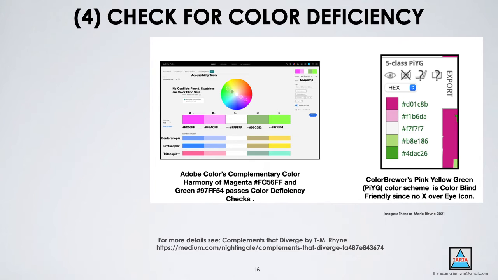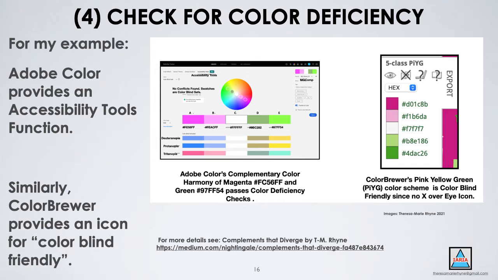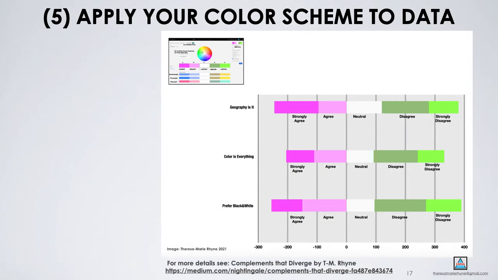And then Color Brewer tells us whether there's a color deficiency. If this eye has an X over it, it won't work. But it does work. So for my example, we have an accessible color scheme, or something that's called colorblind friendly, if you want to say it that way.